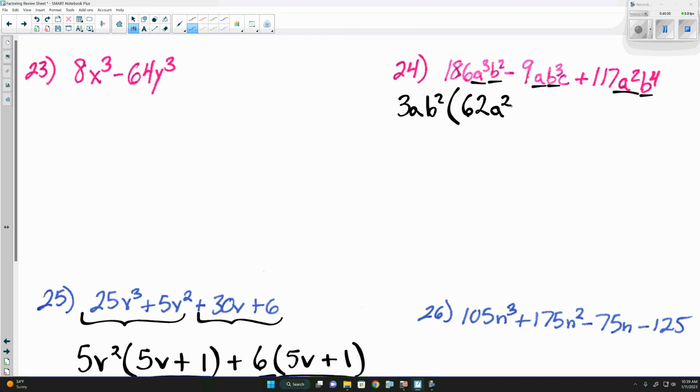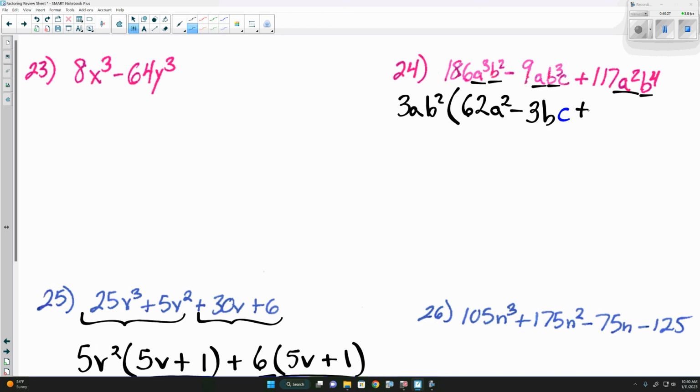Minus 9 divided by 3 is 3. If I factor an a from a, it simplifies out to 1. Multiplication 1, we don't have to write it. If I factor a b squared out of b to the third, we get b. So we have that for b because we took 2 away. And then we will still have the c term.